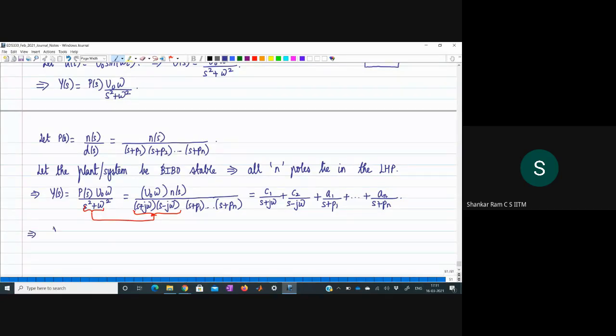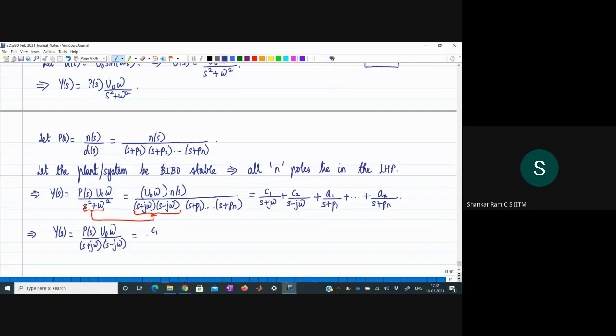So this implies that Y of s, which is nothing but P of s multiplying u naught omega divided by s square plus omega square, that's going to be equal to, right? And let's write this in a different way. One minute, sorry. The denominator, I'm just going to write it as s plus j omega multiplied by s minus j omega, right? Because s square plus omega square factorizes as s plus j omega times s minus j omega.